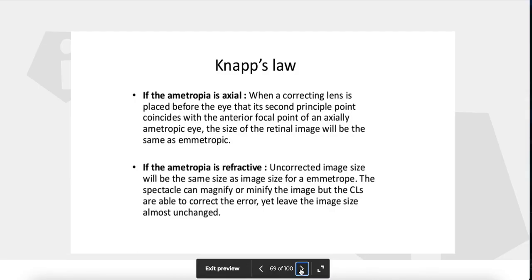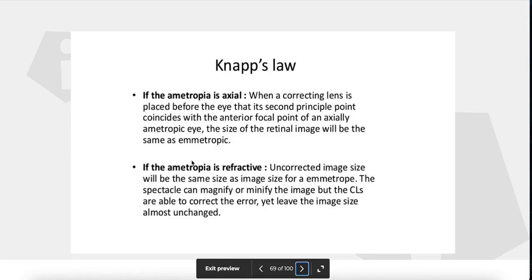The reason behind his theory is that if the ametropia is axial and we are correcting with a lens placed before the eye, then the second principal point coincides with the anterior focal point of an axially ametropic eye, so the size of the retinal image will not change. It will be the same as the emmetropic eye.